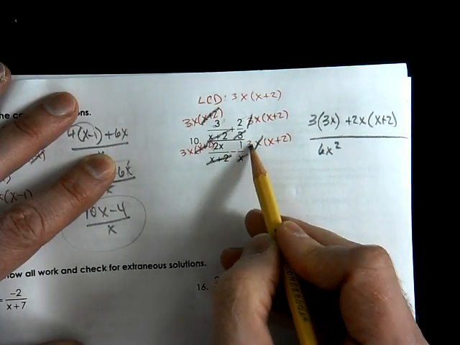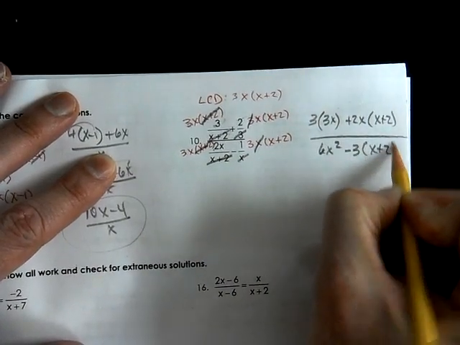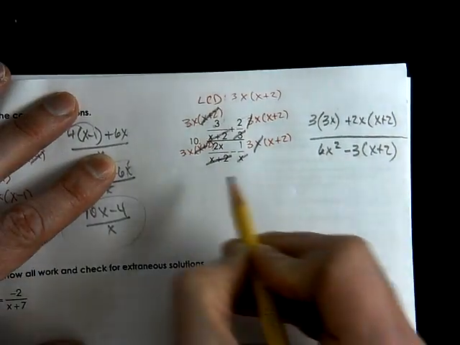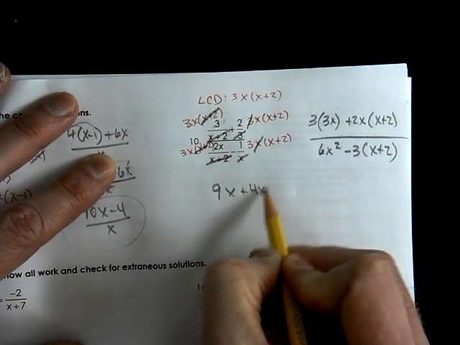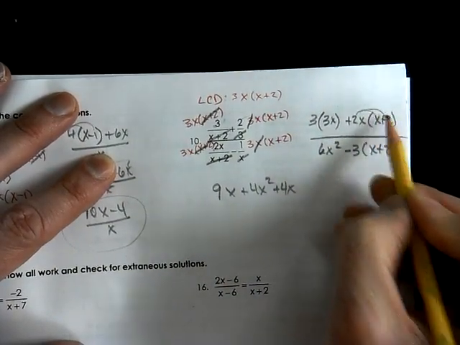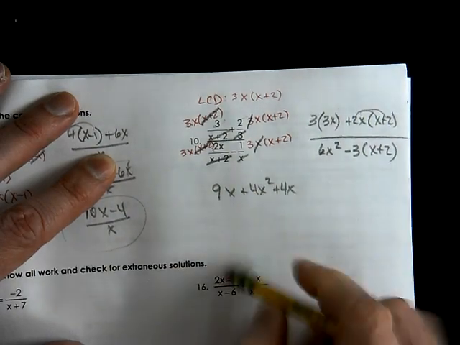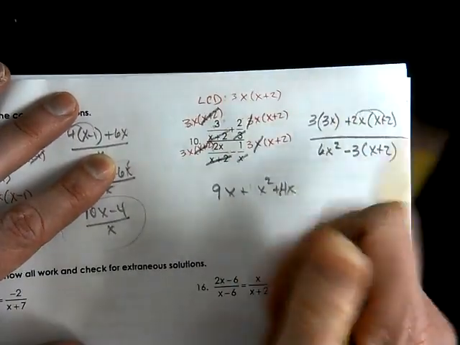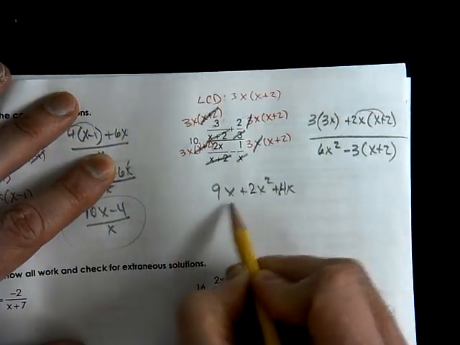So we have a negative 3 times x plus 2. So we have 9x plus 4x squared plus 4x. That's actually going to be 2x, isn't it? 2x squared. Go back and check my work.